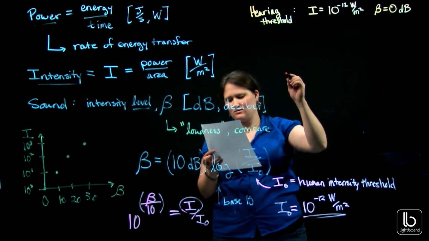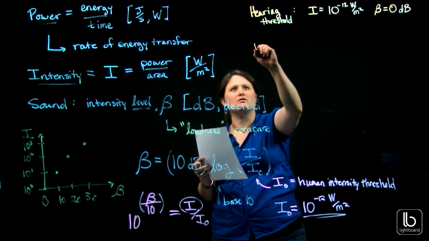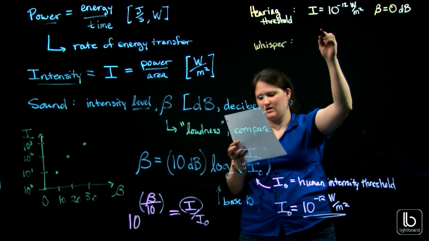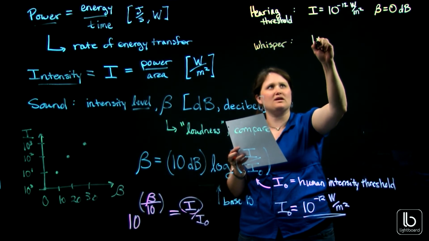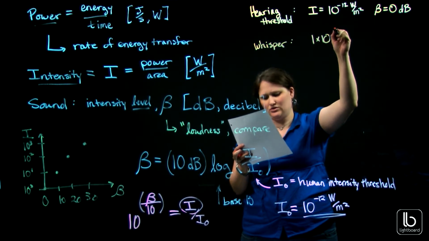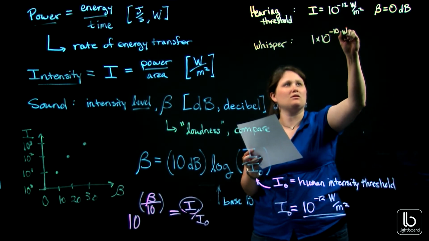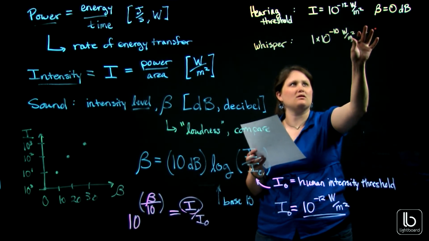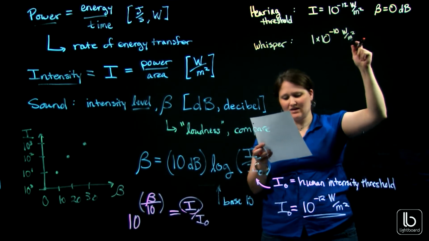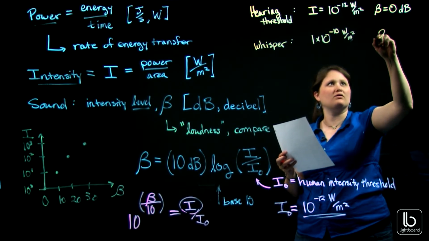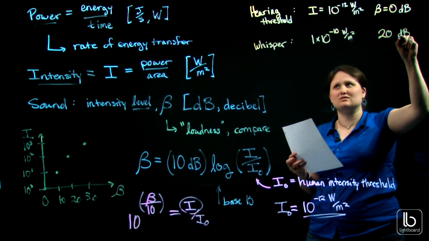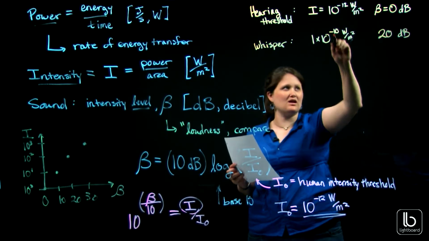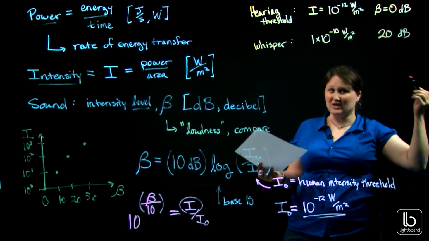So we'll say a whisper, we're looking at something like 1 times 10 to the negative 10th as my intensity, and that is an intensity level of 20 decibels. So notice I went up by 2 powers of 10, but I only went up by 20 decibels.